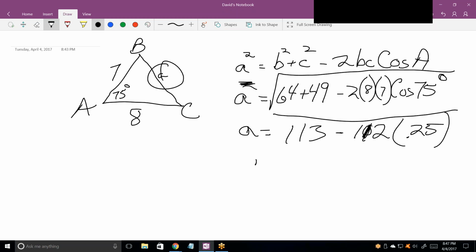So what is A? What is 8 times 7 there? Well, that's 112. In other words, I've done most of the legwork. Just finish it for me. What's 113 minus a quarter of 112?